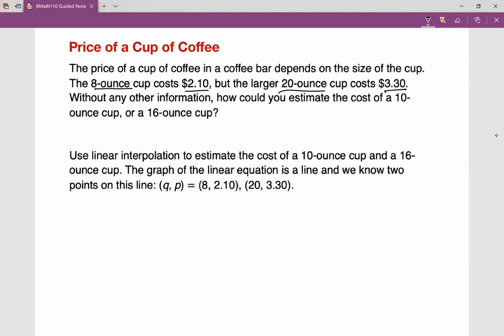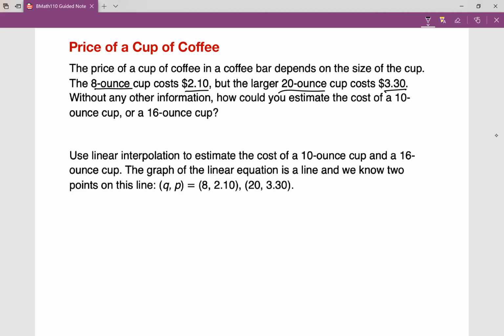Okay. Without any other information, how could you estimate the cost of a 10-ounce or a 16-ounce cup? And again, we're going to use linear interpolation to estimate the cost of a 10-ounce cup and a 16-ounce cup.